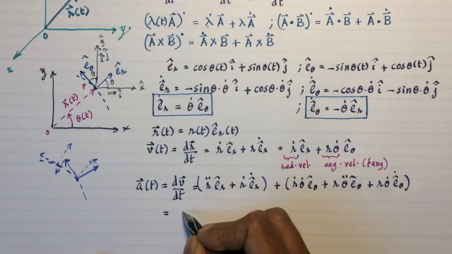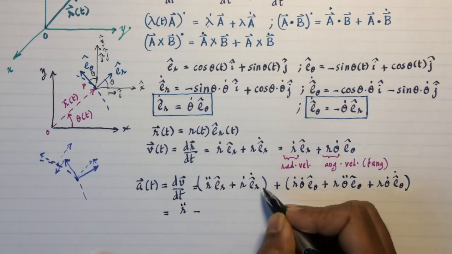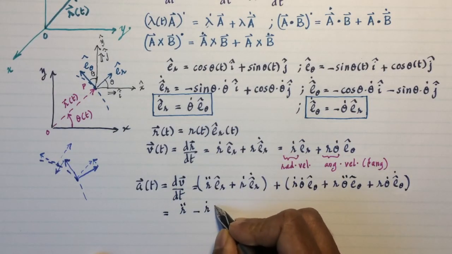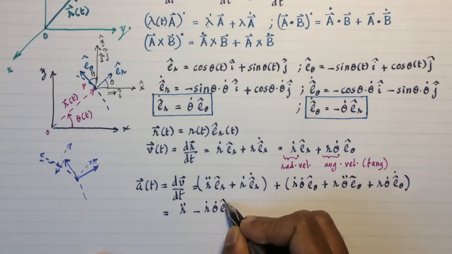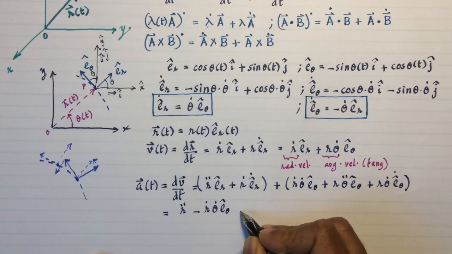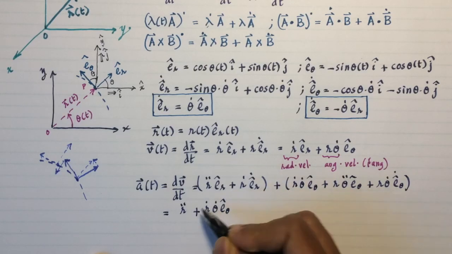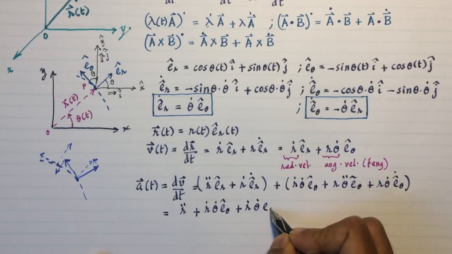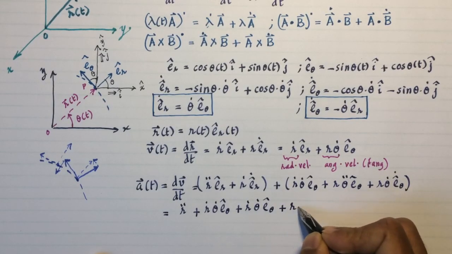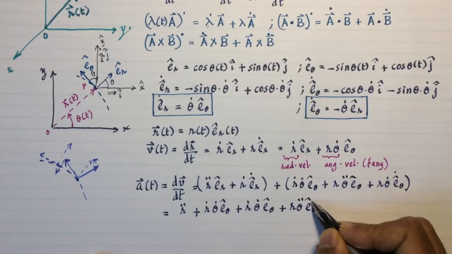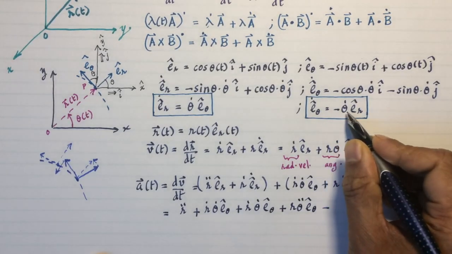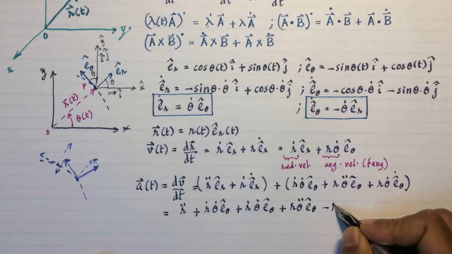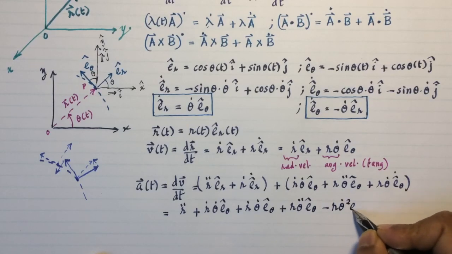So let's do that. I'll get r double dot e_r, and e_r dot is theta dot e_theta, so that gives me r dot theta dot e_theta. And then here I have, there's no minus sign, it's a plus sign, plus another r dot theta dot e_theta. And then here I have r theta double dot e_theta. And here I can write this as minus theta dot times e_r instead of e_theta dot. And so that gives me minus r theta dot squared e_r.